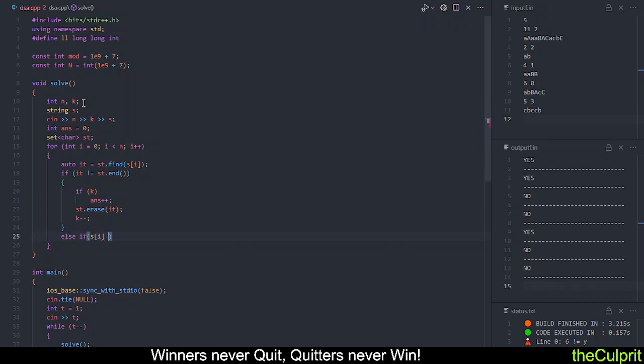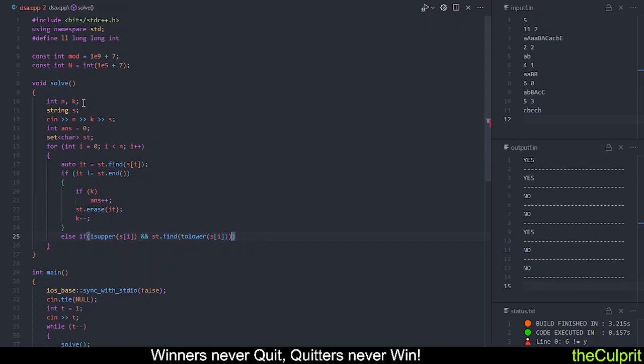So s of i. How do I change the case? Else if is upper, if s of i is in uppercase, and then st.find of s of i to lower.